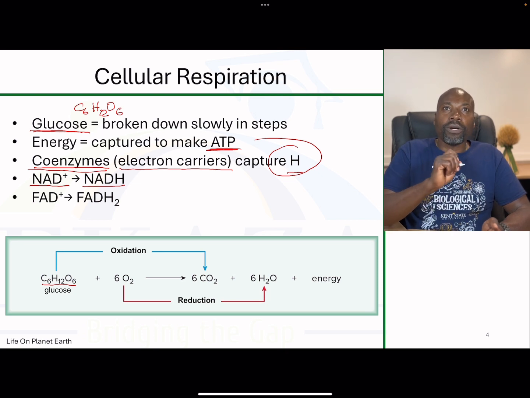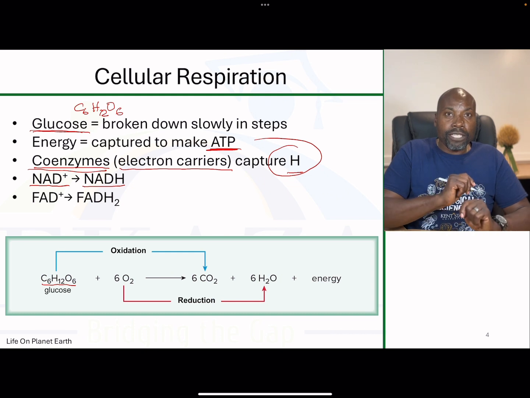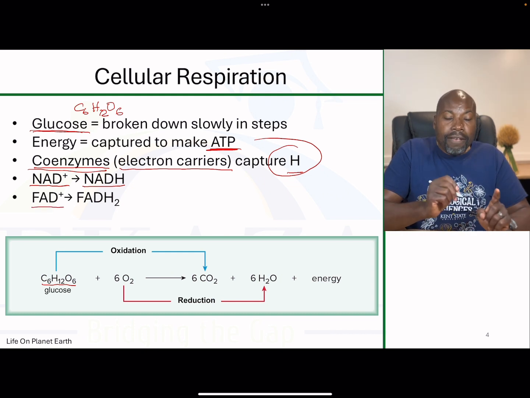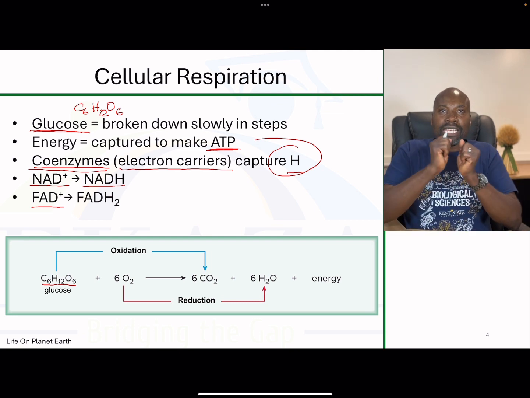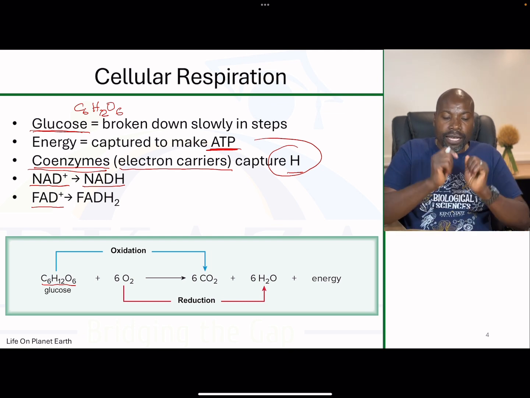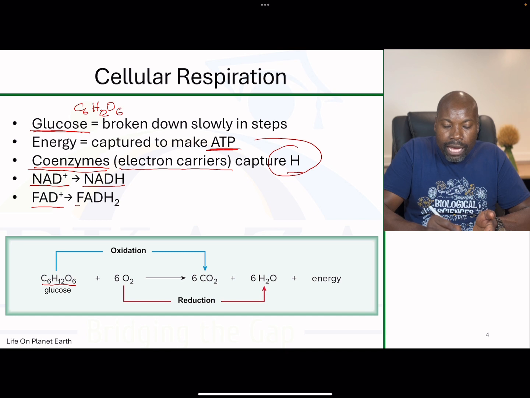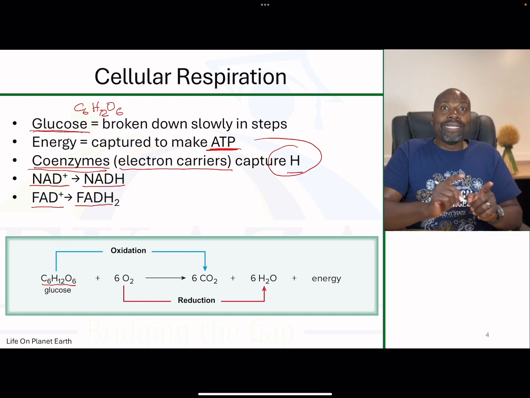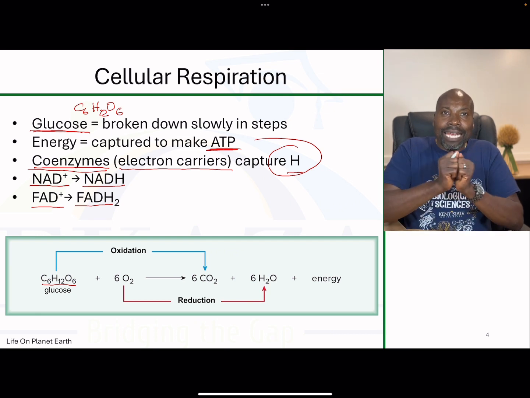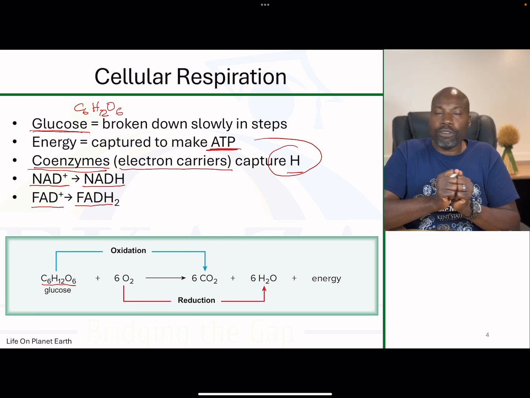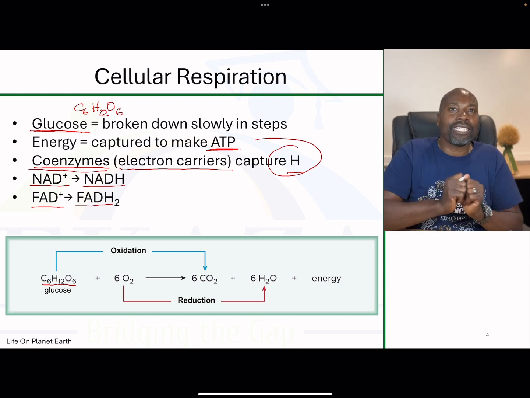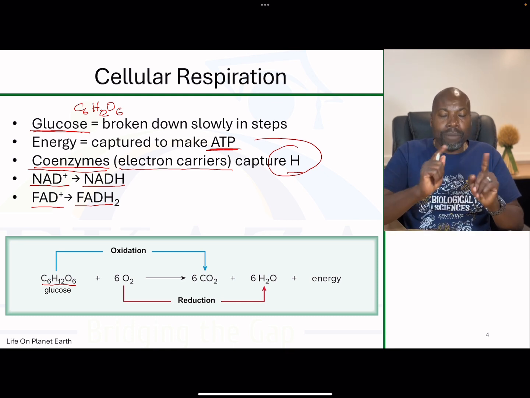There is another electron carrier that is involved in cellular respiration. It's FAD+. That FAD+, when it catches electrons slash hydrogens, they turn into FADH2. All right? So, there is no catching electrons without catching hydrogens. There is no catching hydrogens without catching electrons. I want you to remember that.